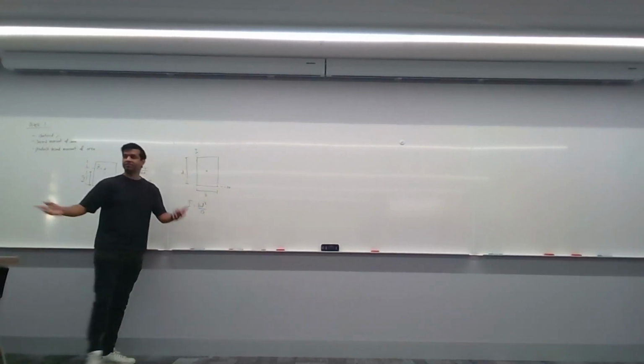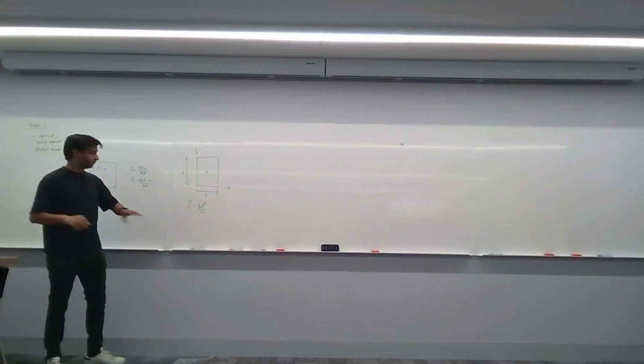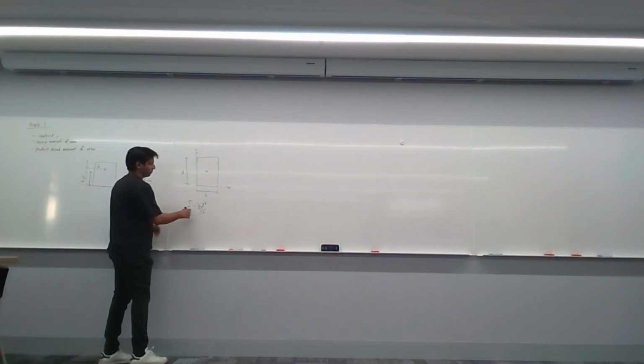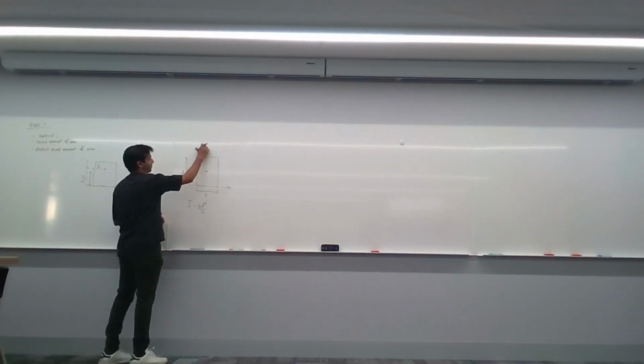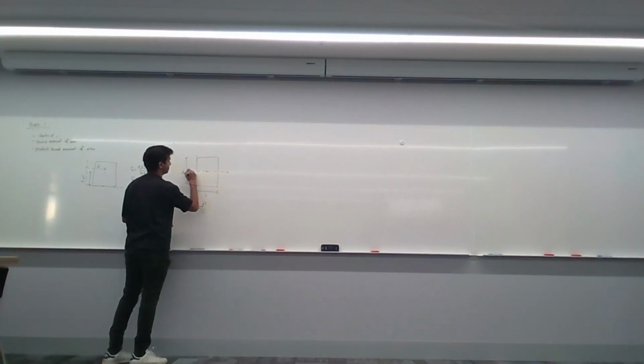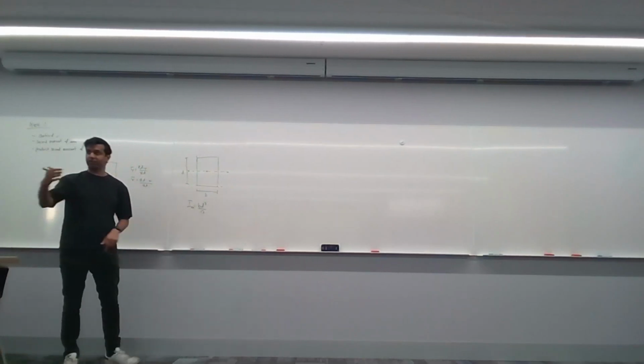You would have memorized this by now, hopefully. But just remember, this I value is Ixx. If I make this the XX axis, then Ixx is b d cubed over 12.